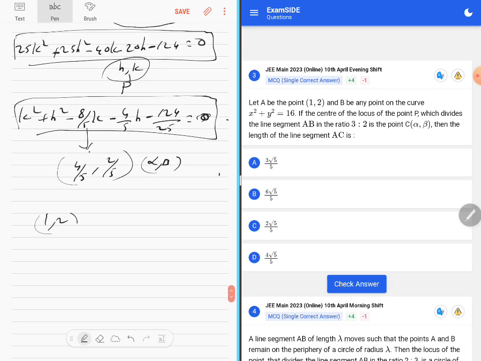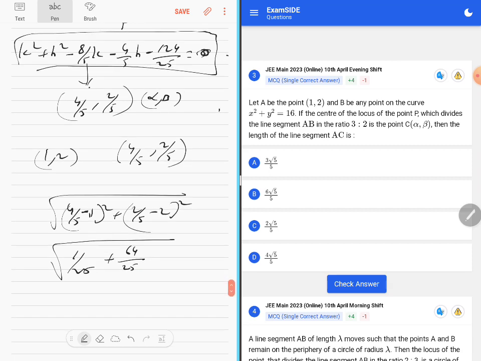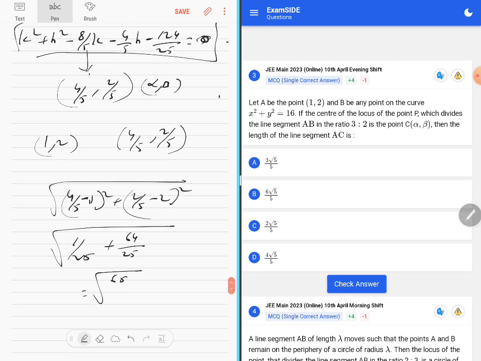So the distance will be root of (4 by 5 minus 1) the whole square plus (2 by 5 minus 2) the whole square, which is minus 1 by 5, so 1 by 25, plus minus 8 by 5, which is 64 by 25, which is root of 65 by 25, which is root 65 by 5.